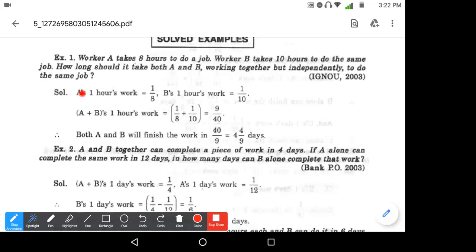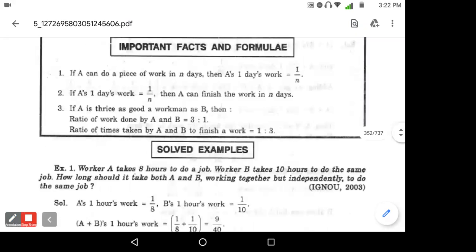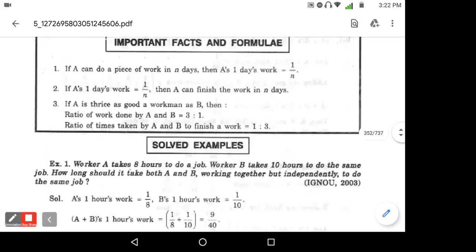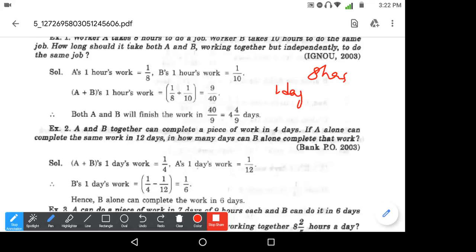Okay, so here what did we learn before? If A can do a piece of work in n days, then A's 1 day work is 1 by n. So if A is taking 8 hours to do the job, in 1 hour he will be able to do 1 by 8 of the job.